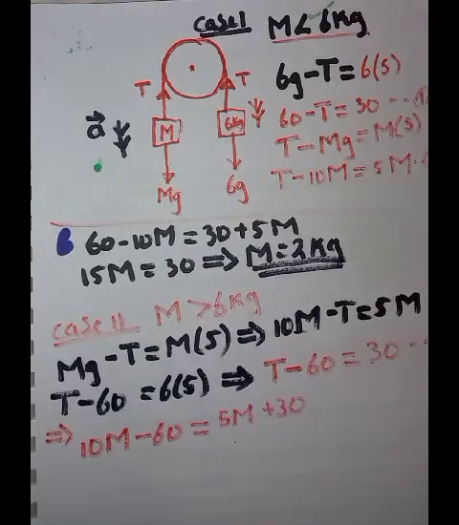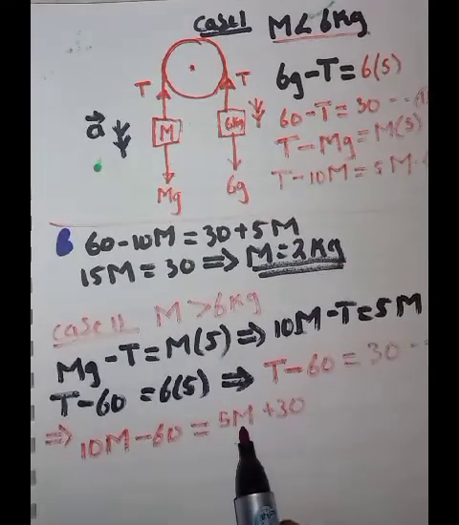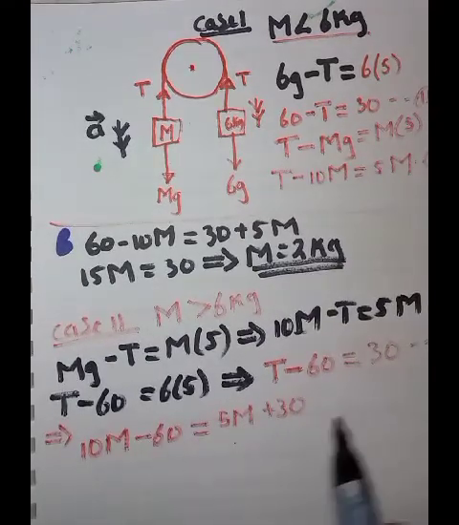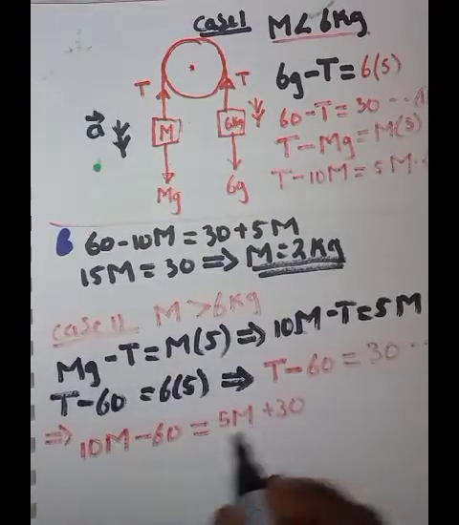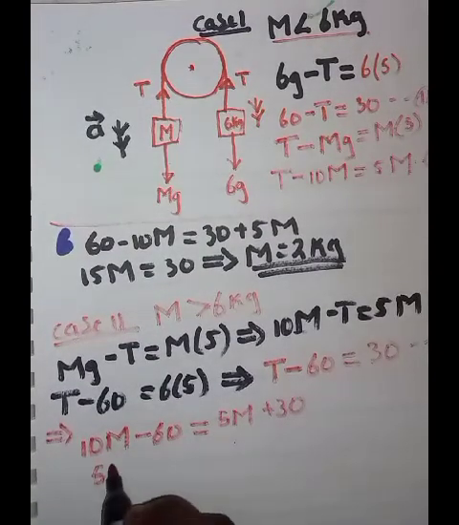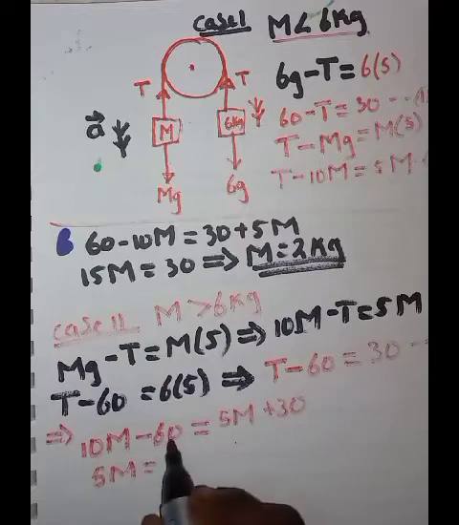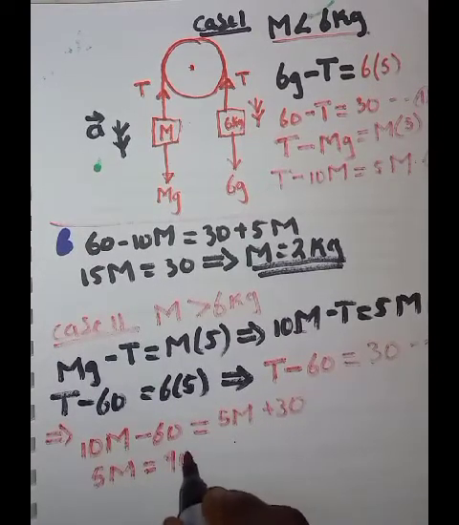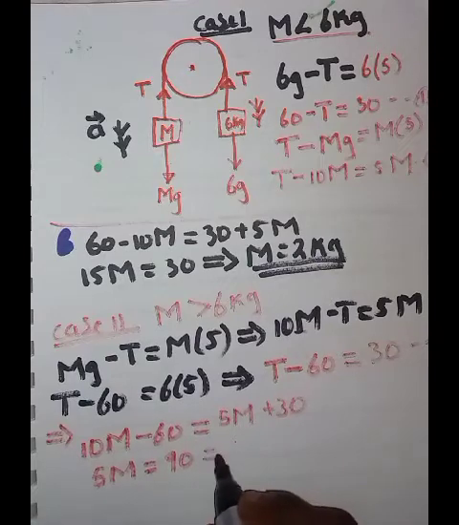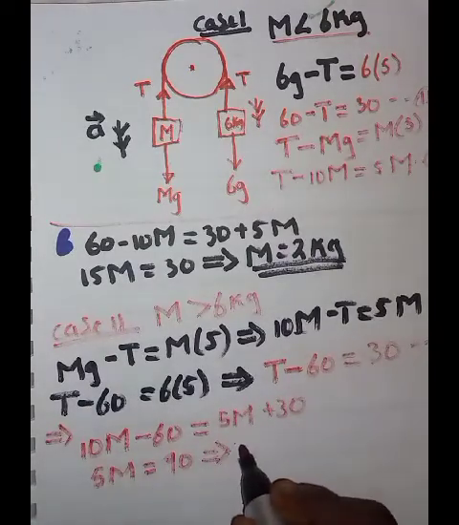Good. So now if we send 5M this way and take negative 60 to the right hand side, we have 10M minus 5M, which gives 5M, equal to 60 plus 30, which gives us 90.